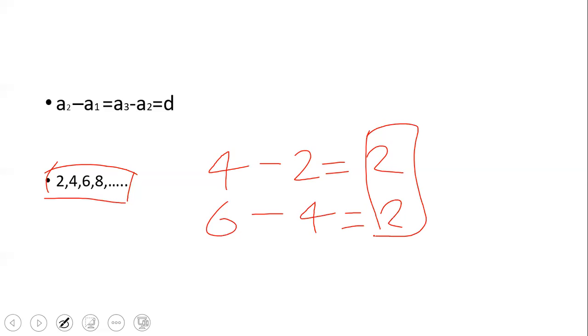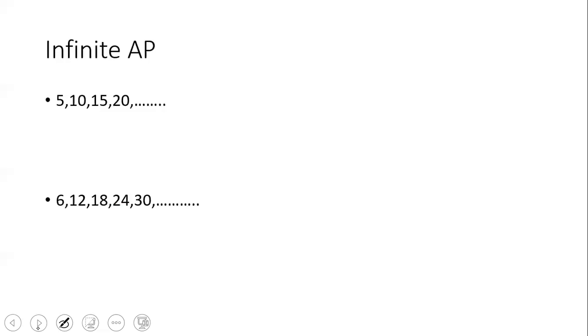And for this, there is a small formula, which is A, A plus D, A plus 2D, and so on. In AP, there are two different types: finite arithmetic progression and infinite arithmetic progression.